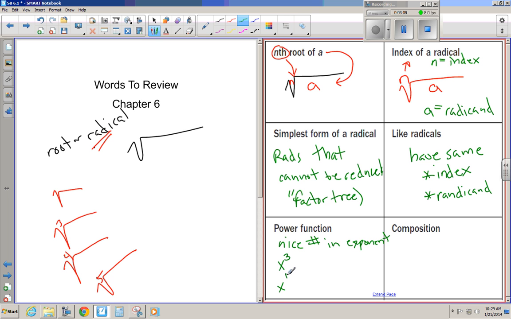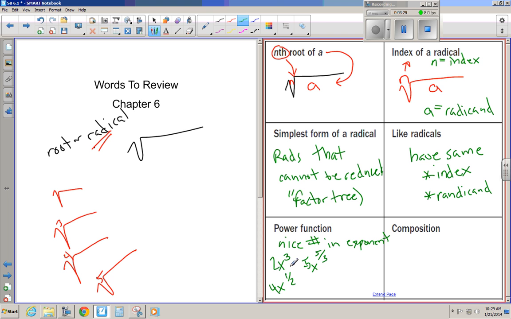X to the 1/2 is a power function. X to the 5/3 is a power function. Basically, and you could put any number you wanted in front. These are all power functions.